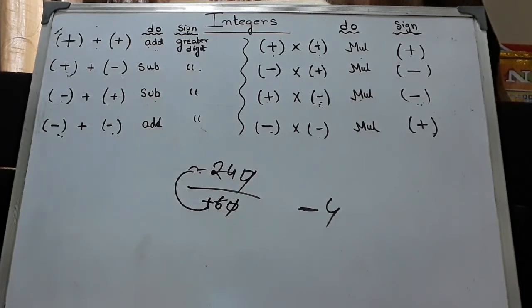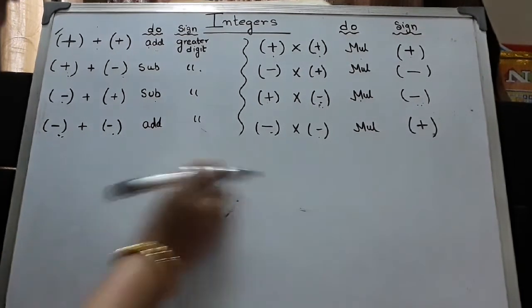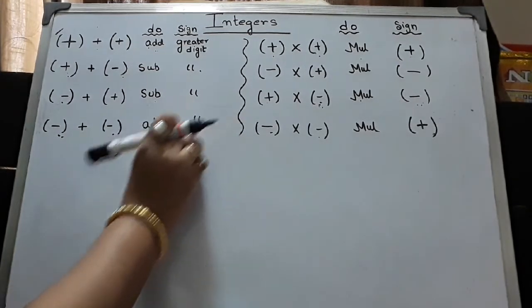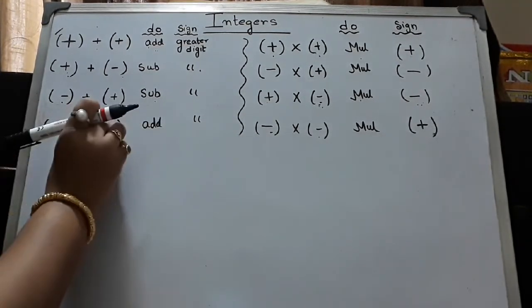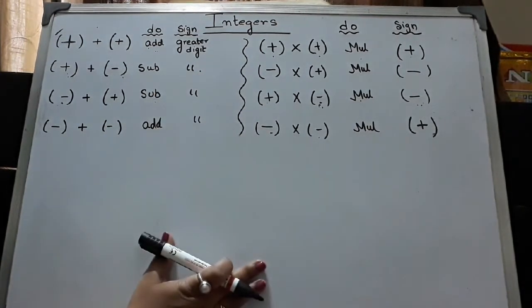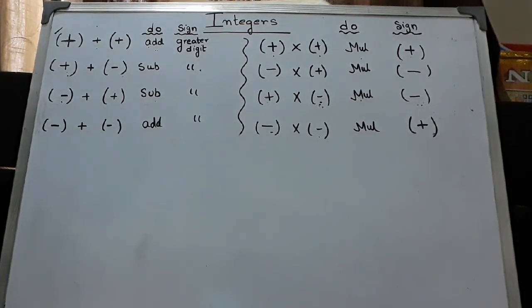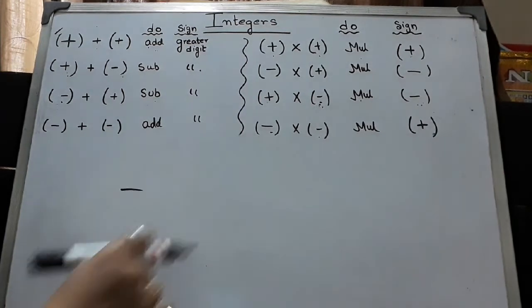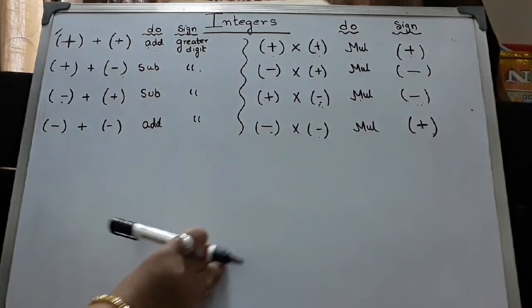Division is also the same thing, nothing is changed here. I will show you all this part, or I will solve some sums with you, but before this you just note down these signs properly. These signs are very much important, and before, in the sign tricks video, I have shown you a few signs of plus, dash plus, dash minus, so please go through that video.